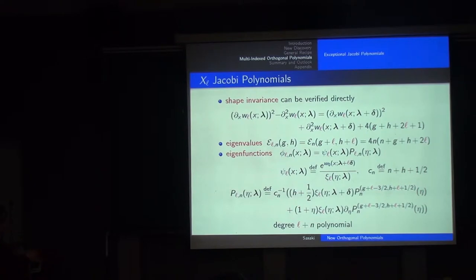And you can also prove so-called shape invariance. I didn't have time to explain this, so you can forget about that. Eigenvalues you can easily calculate, just changing g to g plus L. And eigenfunctions you can also write down explicitly. This is degree n, and this is degree L, so this is a degree L plus n polynomial.